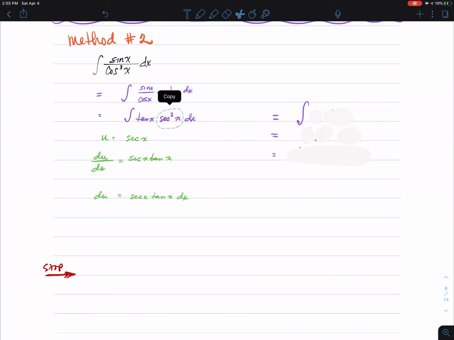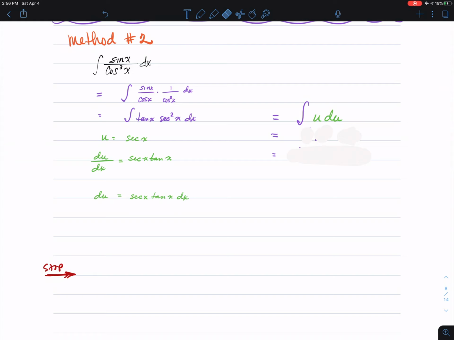And for my du, the second secant and the rest of the tangent dx is going to be substituted. So I have a u and a du. That's all I have. So again, this is going to be one of the secants and the tangent, and this is going to be the other secant.